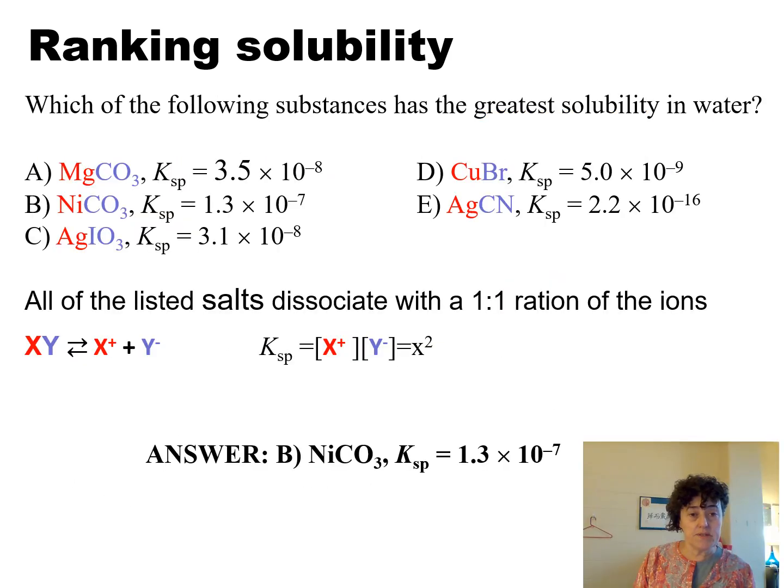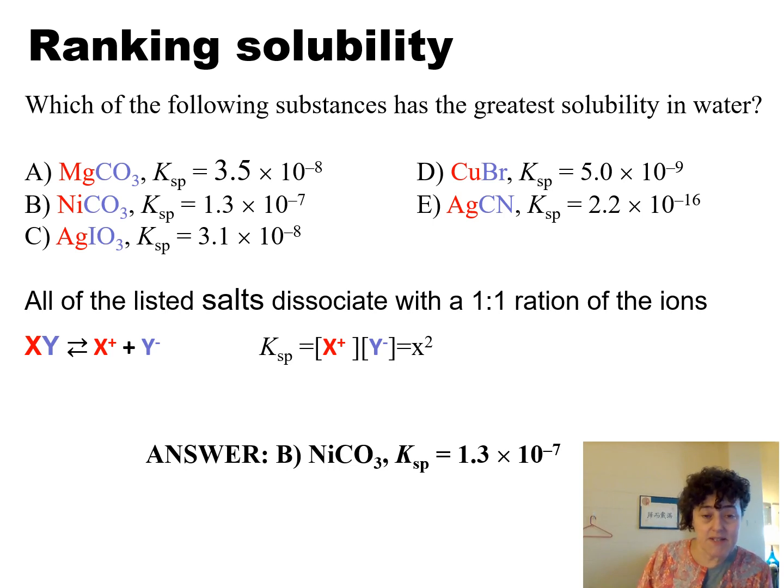Now let's have a look at this problem where you are asked to compare and rank the solubility of 5 different substances given their Ksp. Now, according to what I just told you, you would have to calculate S from Ksp 5 times. So that would be a lot of time invested in one exercise. Is there a way we can avoid that? Yes.